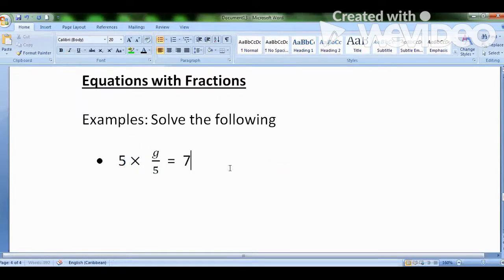Can somebody tell me, why am I doing this? Why am I multiplying both sides by 5?